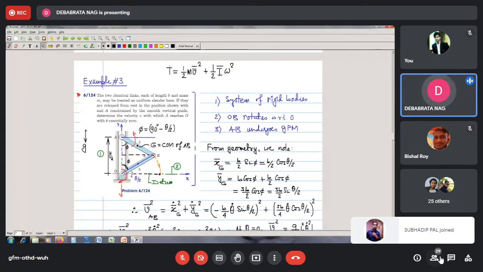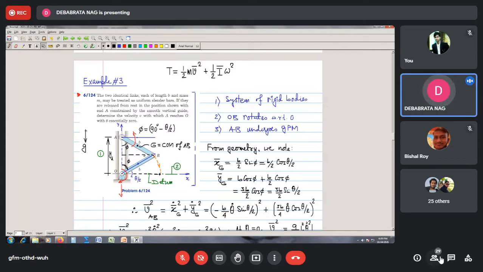Correct. In fact, this equation is applicable to any type of motion. For pure translation, this part will be absent. For pure rotation about the center of mass, this part will be absent. For pure rotation about a non-centroidal point, there also you can apply this equation. In fact, I told this while discussing a problem.